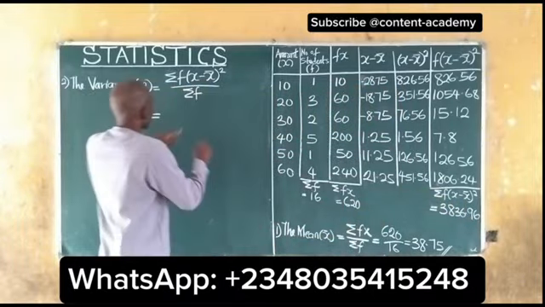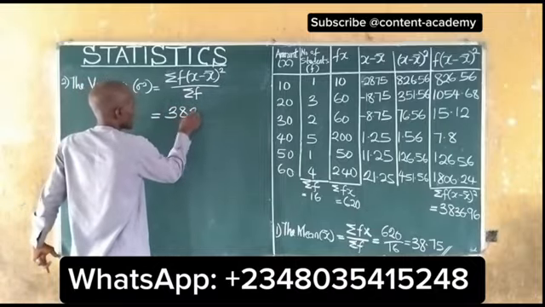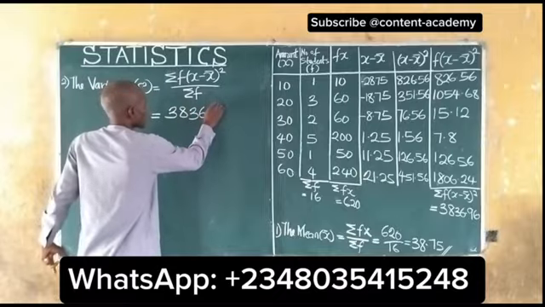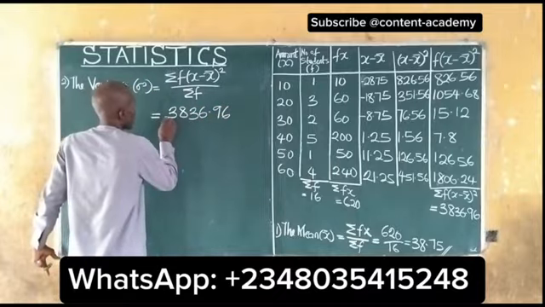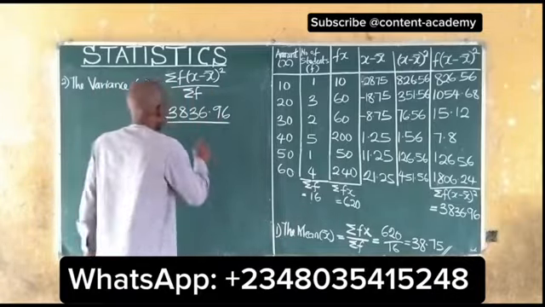So we can now write it here to be 3836.96 divided by summation of f. We have it as 16.